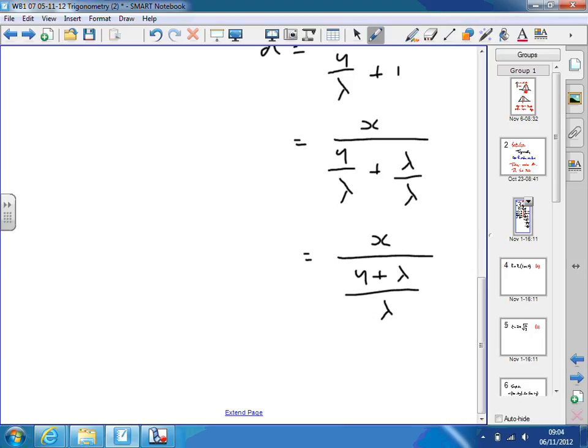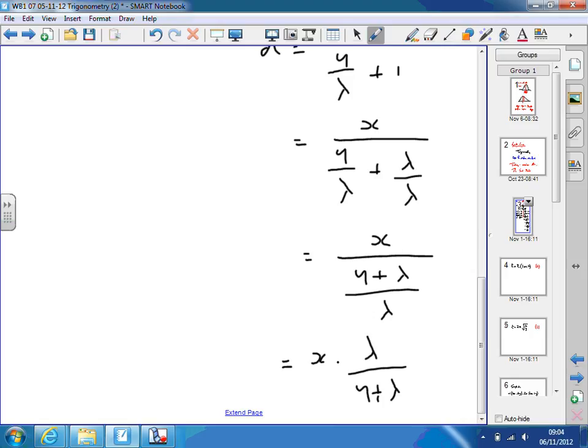The next thing to come out of this is another thing to do with fractions. When you divide by a fraction, you invert and multiply. You may remember doing this at school. If I divide by a fraction, I invert the second fraction and multiply. So this actually becomes x times this bottom fraction inverted, lambda over y plus lambda.